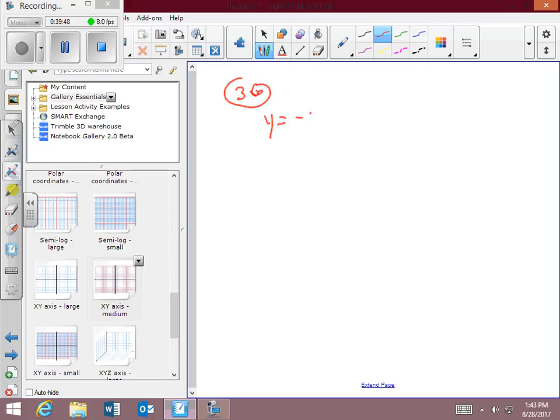Y equals minus 4. Now notice that this is saying no matter what x is, if x is minus 1, what's y going to be? Minus 4. If x is 0, what's y going to be? Minus 4. If x is 1, what's y? Minus 4.